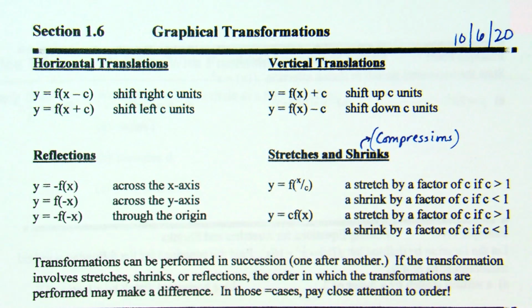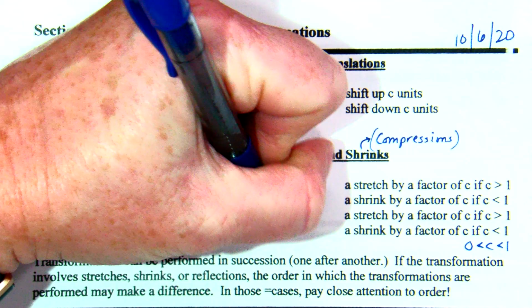If you multiply by a number that is less than 1, meaning it's a number between 0 and 1, then that is a shrink. So it's pushing down.